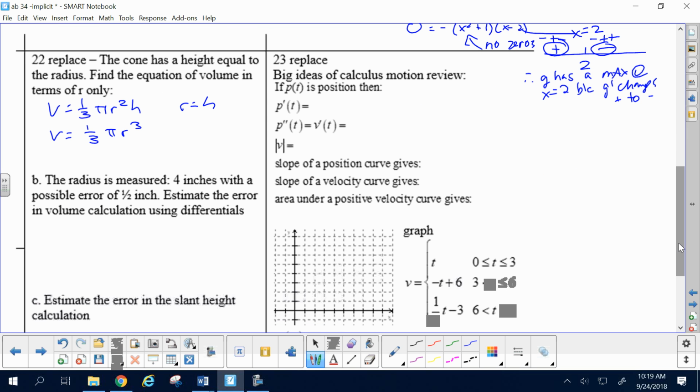Branches of fossil area. So, dV equals d prime dr dr. So that's something like pi r squared, r equals 4. All right, have a good day.